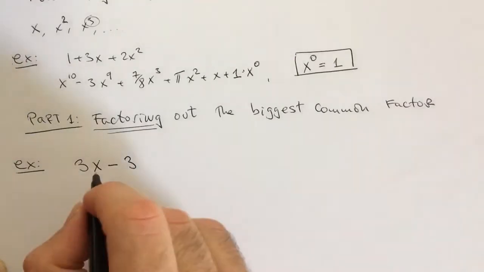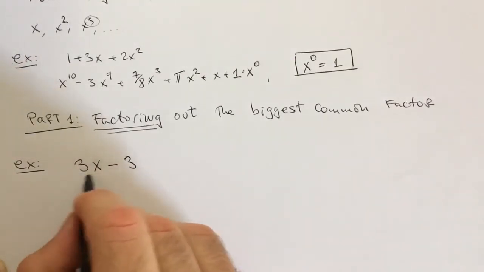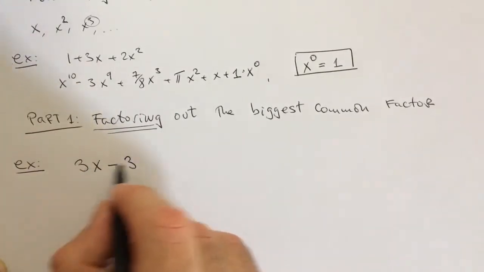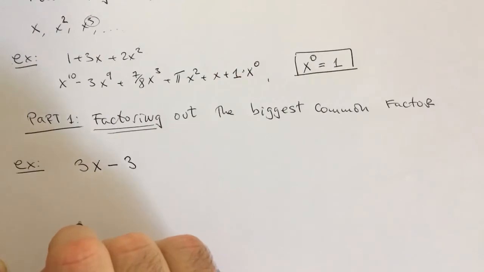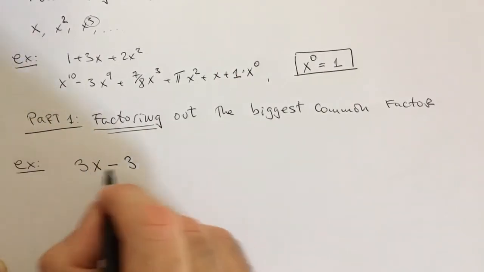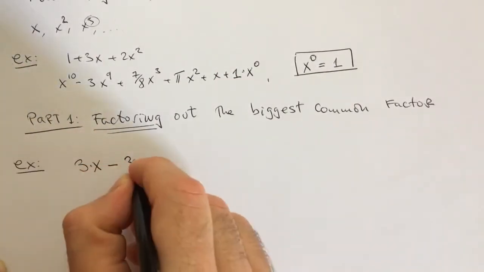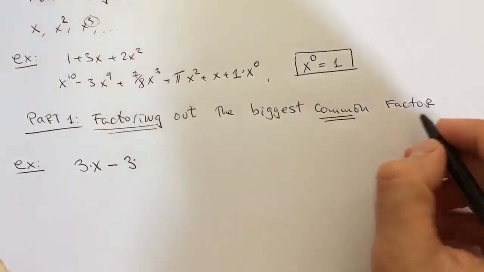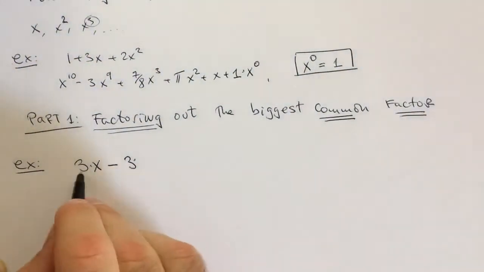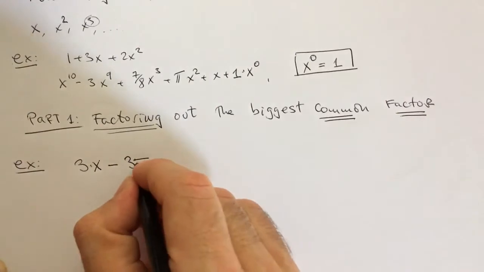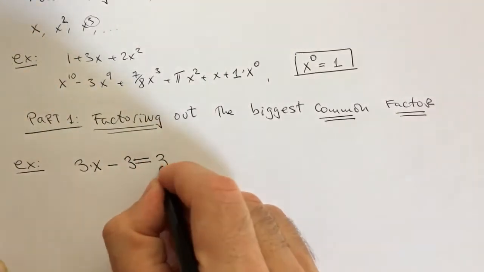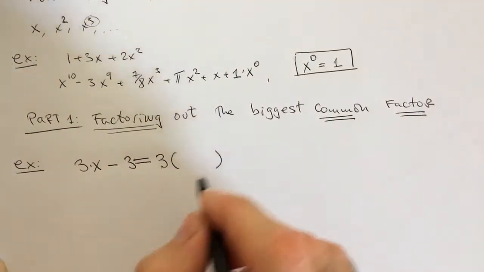As you can see, this is written as a sum, or in this case a difference, between these two terms, 3x and 3. But both of them are multiplied by what? By the common factor, in this particular case, 3. In that case, I factor out 3 and I open parentheses.